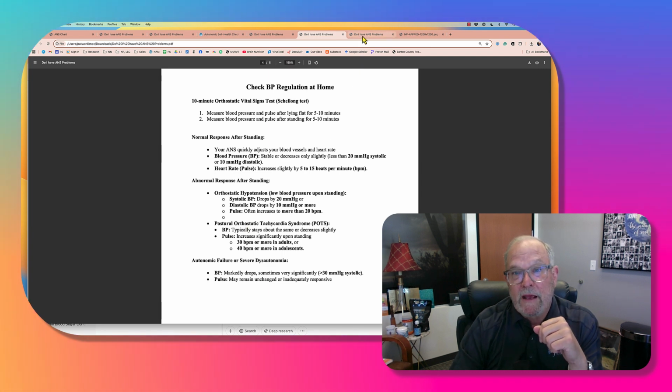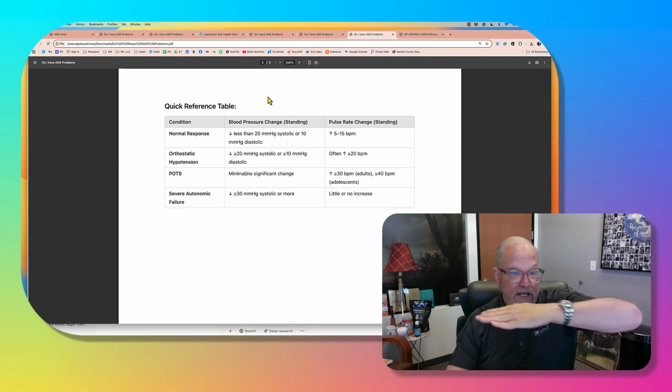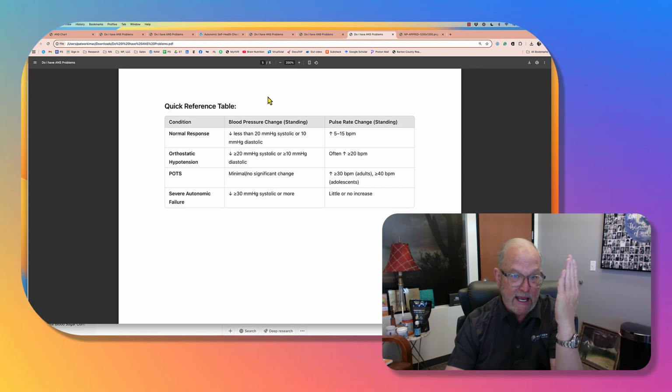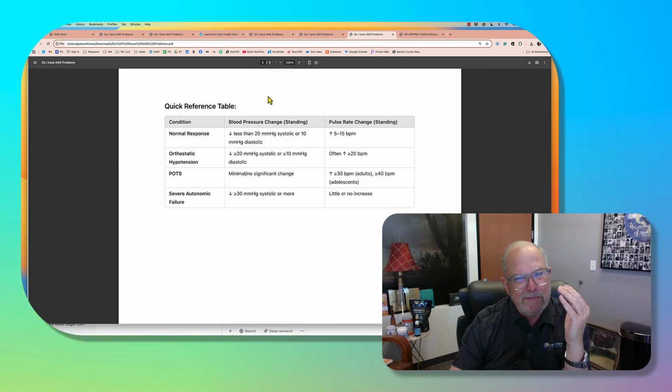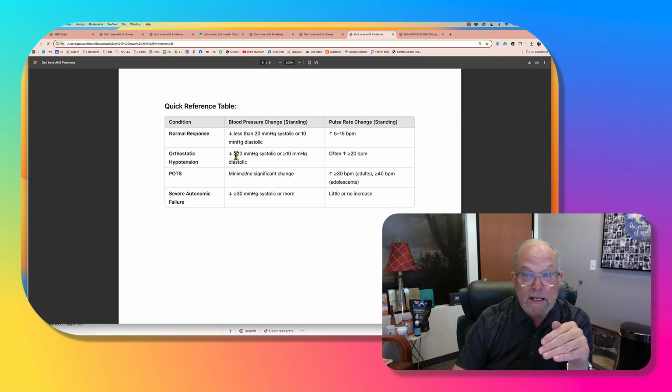Okay? Now, just quick review. Normal, again, this is the difference between your blood pressure laying down and standing. When you stand up, maybe a slight little drop in blood pressure, slight increase in pulse. Okay? But with orthostatic hypotension, your blood pressure is dropping significantly and your pulse is going up, good 20 points or more. Okay?